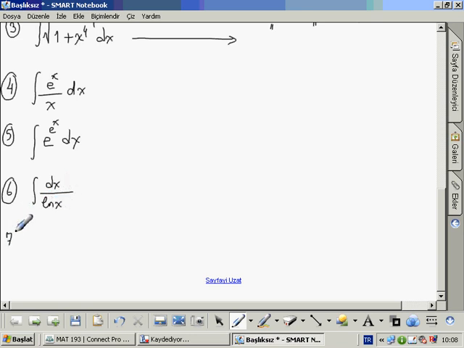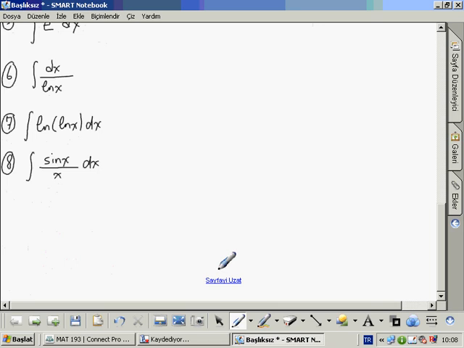And the seventh, the integral of ln of ln x dx. And the eighth, the integral of sin x over x dx.